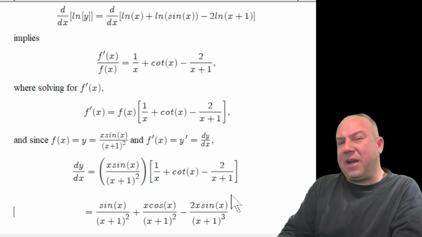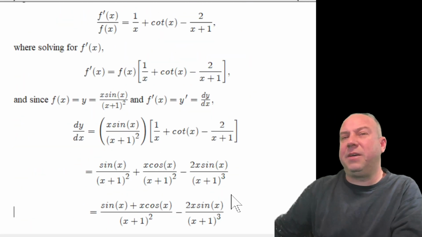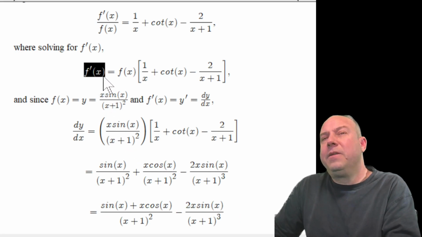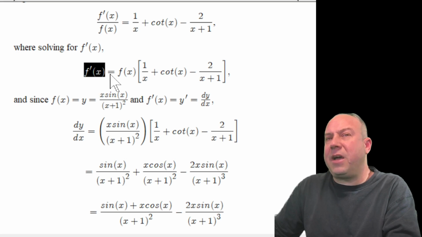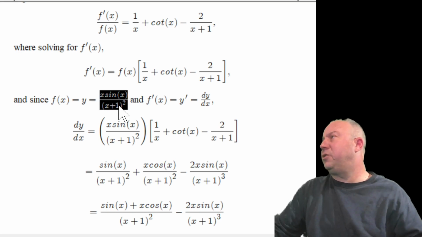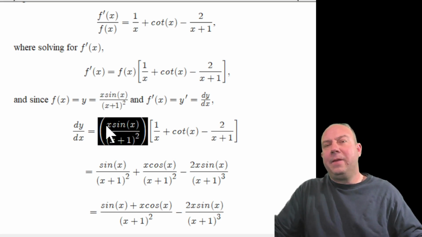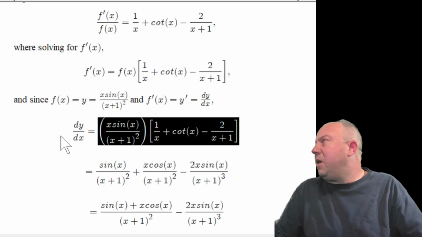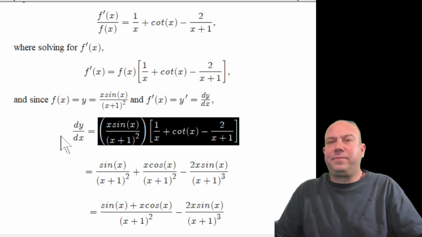As for simplifying that, it becomes just a bit of a game of algebra. We first solve for f prime of x by multiplying both sides by f of x. And just remember, f of x is your original function you're finding the derivative of. So right here is our derivative statement. We should recognize that.